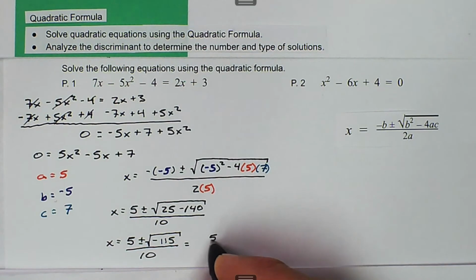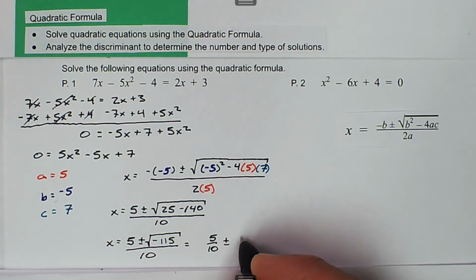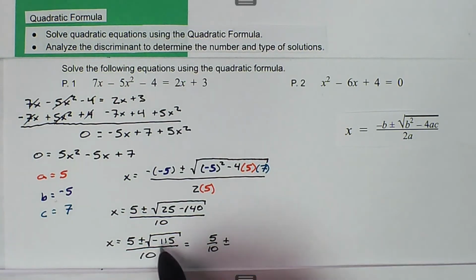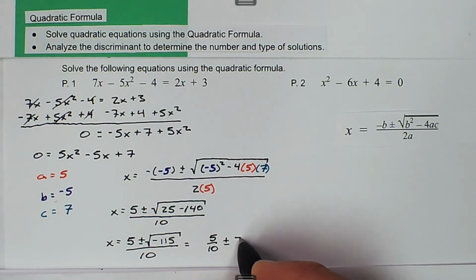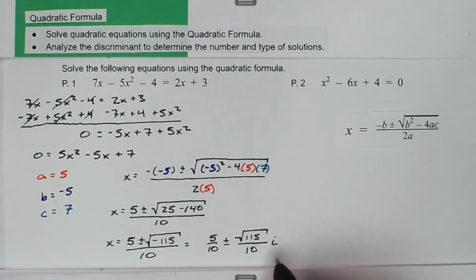So 5 divided by 10 plus or minus the square root of 115 divided by 10. And then that negative comes out as i. So this is the answer right here.